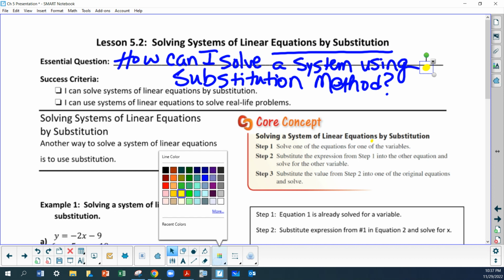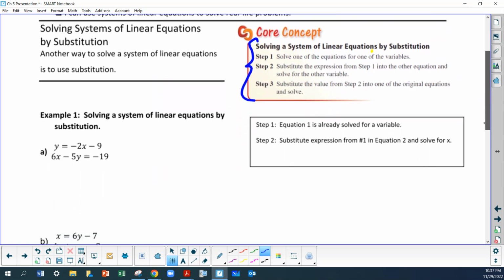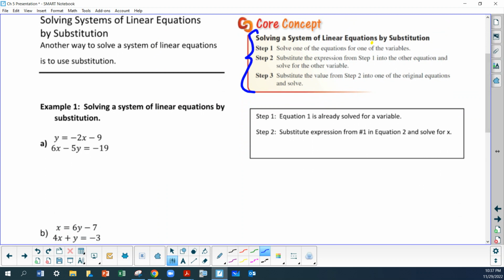You can see here that we will be doing a few of these steps. If you'd like to follow along with written steps, there they are. It says, first off, let's solve one equation for one of the variables. So pick an equation and we're going to solve for a variable. So maybe that means we'll get it to y equals, or maybe in fact it was easier to solve for x equals.